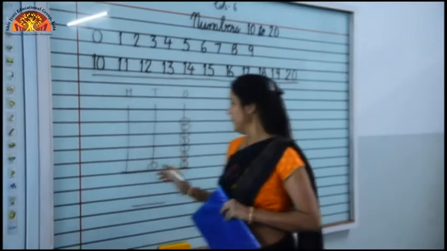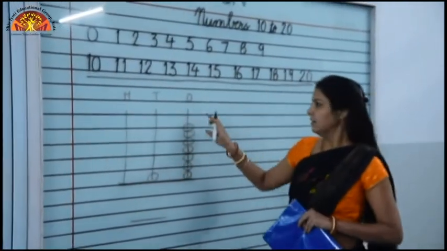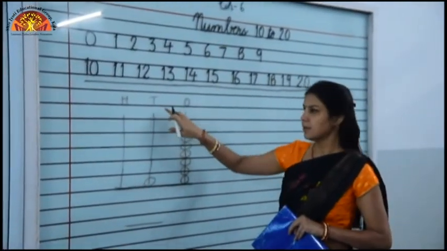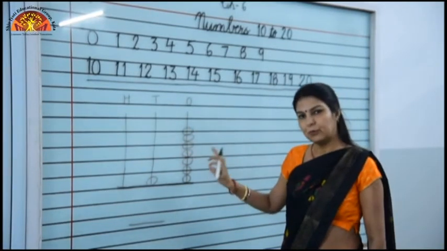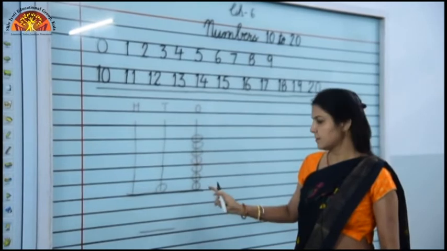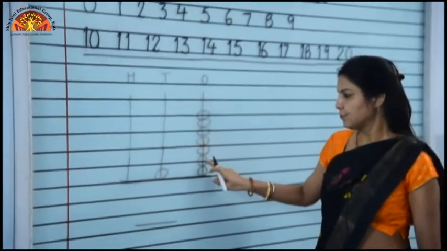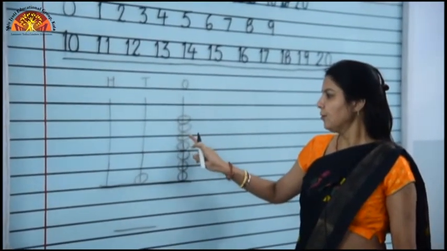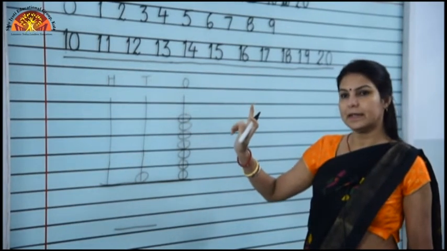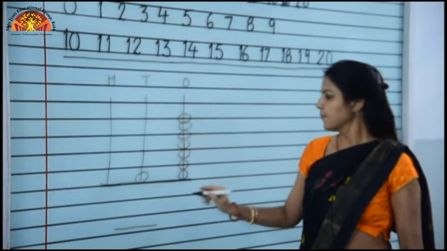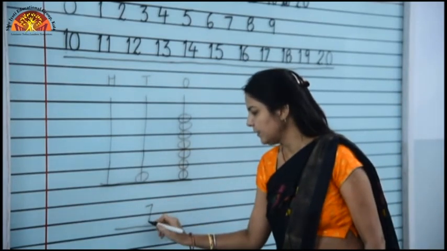Now, see here, abacus is given. This place for ones, this is for tens and this is for hundreds. So, we will start counting beads from ones place. Here 1, 2, 3, 4, 5, 6, 7. How many beads are here at ones place? Here 7 beads are at ones place.